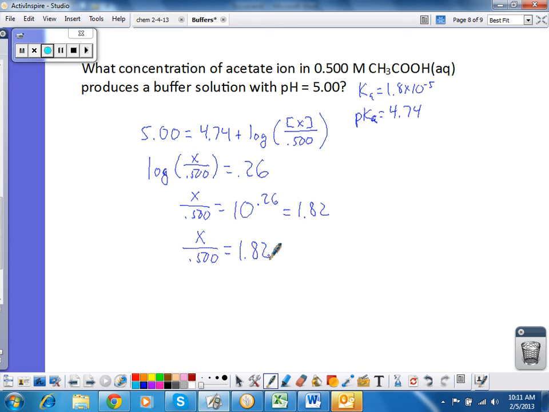Now, when I isolate x, by multiplying both sides by 0.5, I get x is equal to 0.910. And that would be equal to the concentration of acetate ion that I need to make this buffer.